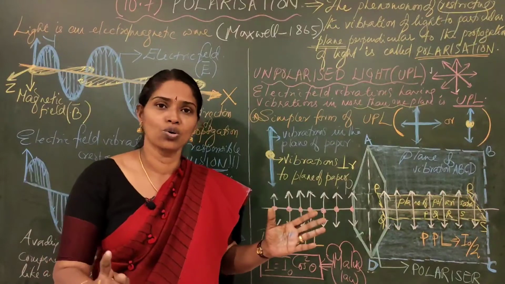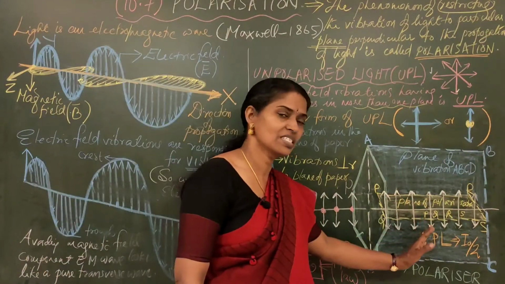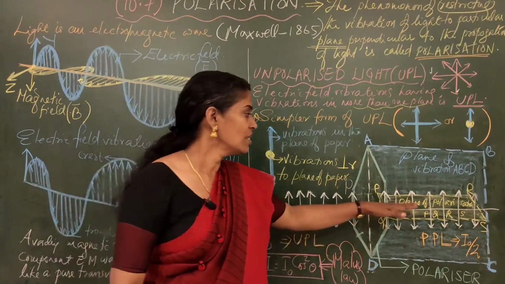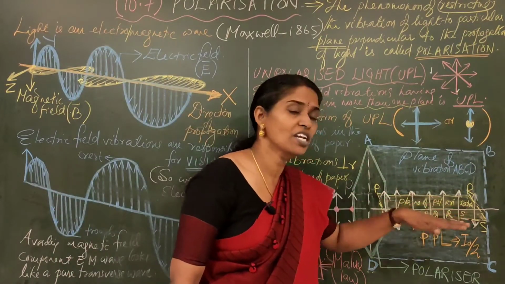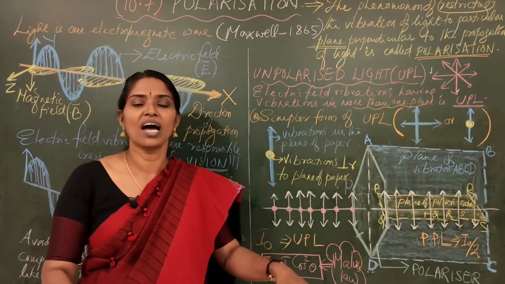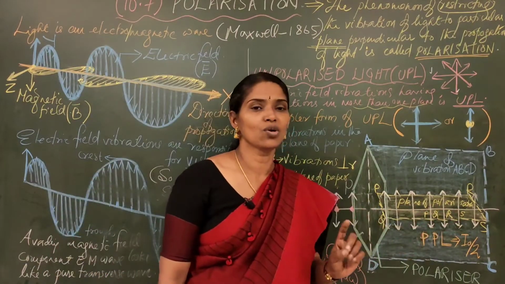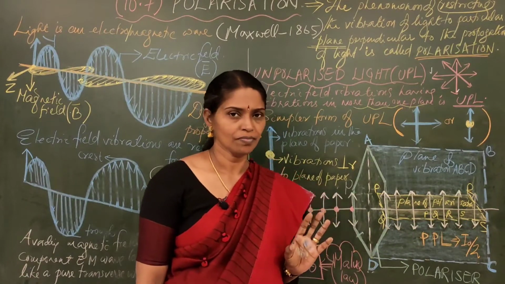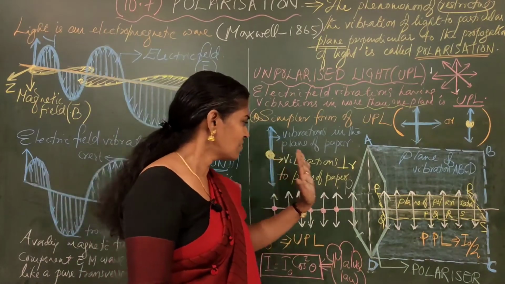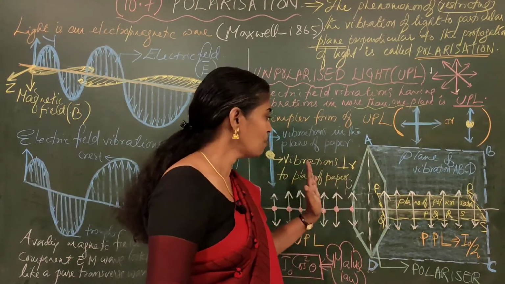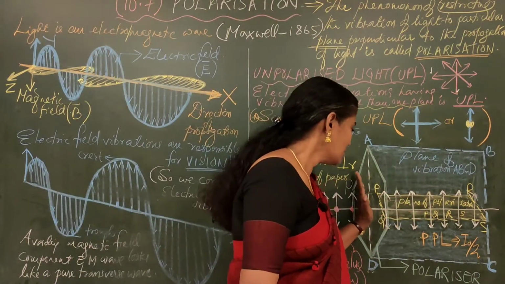It can't go. Once it comes out of the polarizer, this vibration is restricted. So that is the restricted plane, the plane of polarization where you don't have any vibrations. That is represented by PQRS.